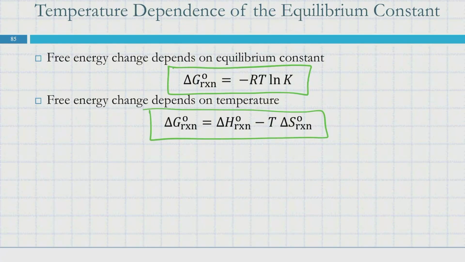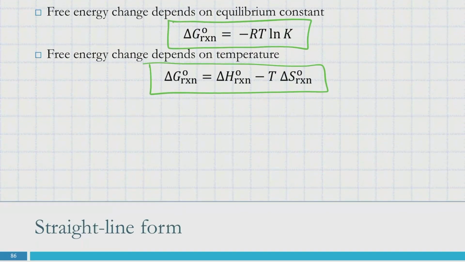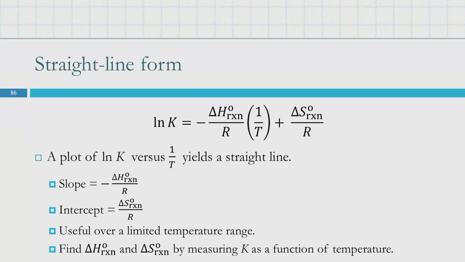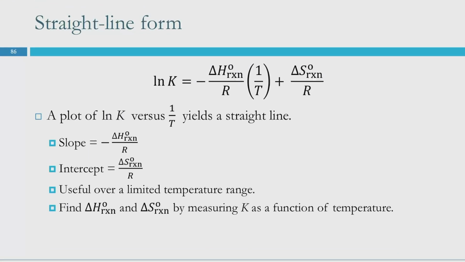And we've got some temperature dependence. Our free energy change depends on equilibrium constants. Free energy change also depends on temperature. And there's some other fun stuff that we can do with that. So we could come up with this straight line form that just involves some fun, some magic.